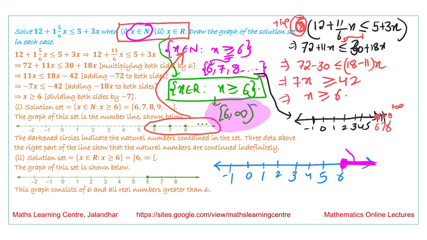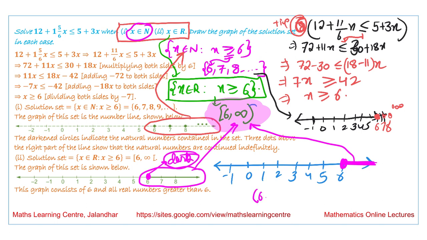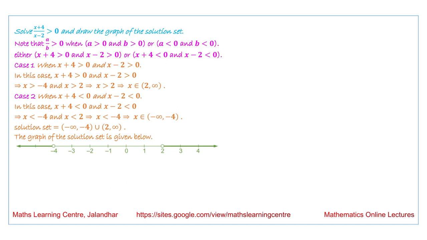On the number line this is represented as the interval 6 to infinity, closed at 6, so the dot over here is a dark dot. If we had the open interval (6, infinity), we would represent it like this: this is the number 6, and the dot over here would be an empty dot.